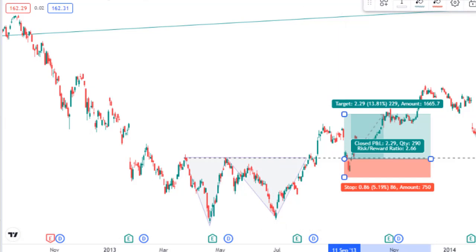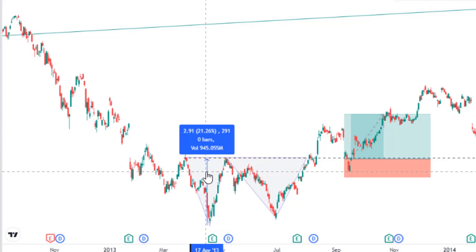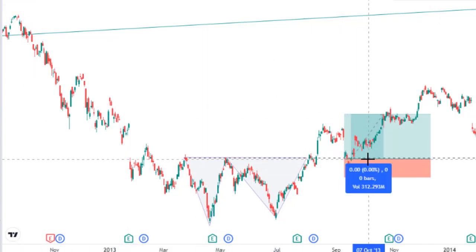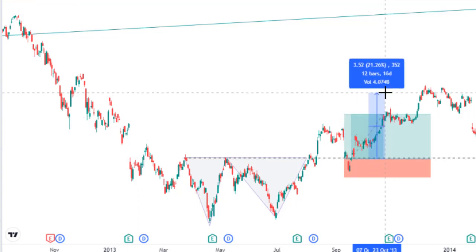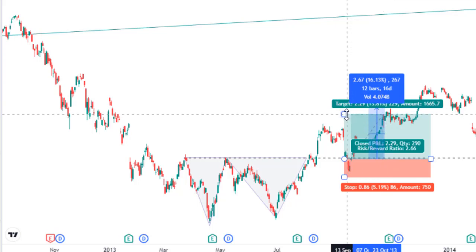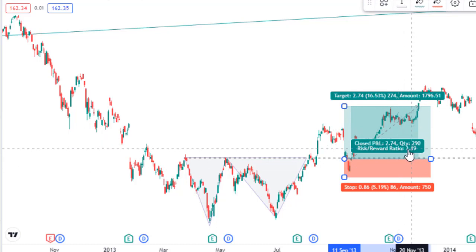And for target, we can measure the height of the pattern, that is 2.9, and put our target here like this, and we can get a reward 3 times bigger than our risk.